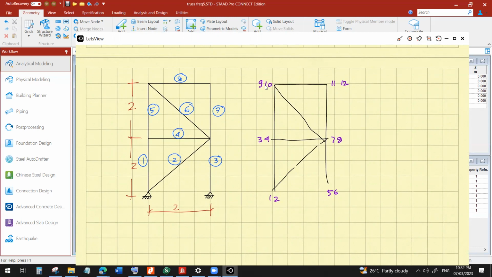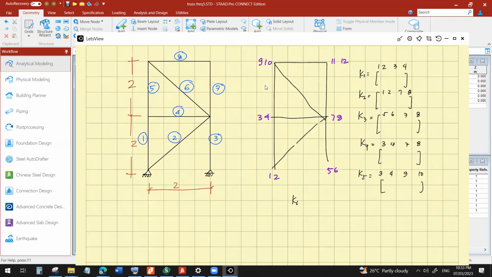Okay. For example, in K1, that will be 1, 2, 3, 4. K2 will be 1, 2, 7, 8. K3, 5, 6, 7, 8. K4, 3, 4, 7, 8. K5, 3, 4, 9, 10.